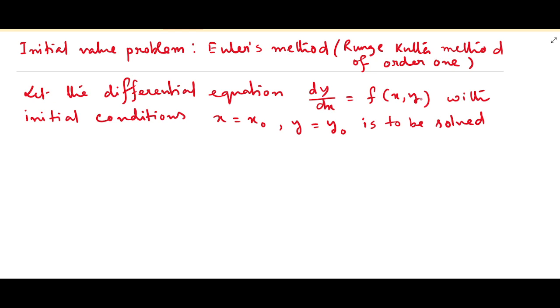I think you still remember that in Taylor's method we also took a differential equation of the same type, dy by dx equals f of x comma y. This is a first order differential equation, with some initial condition x equals x naught and y equals y naught.